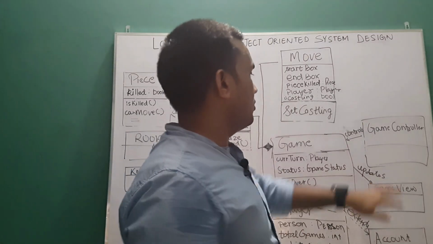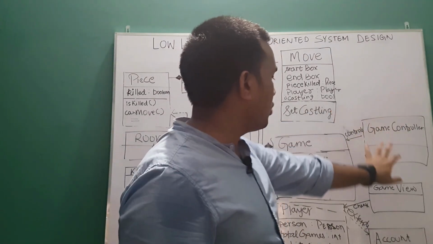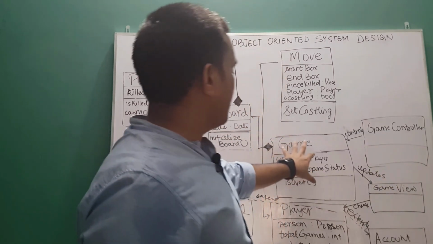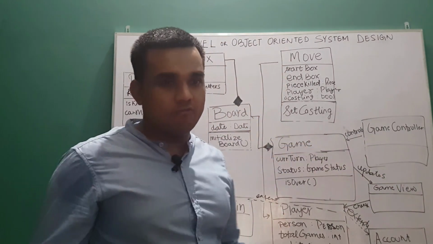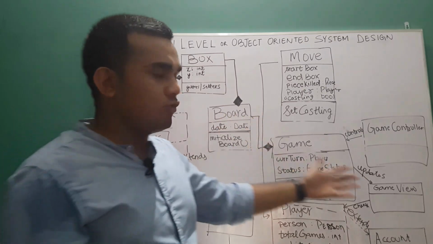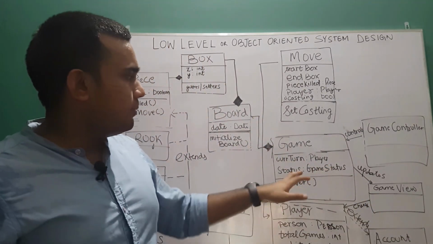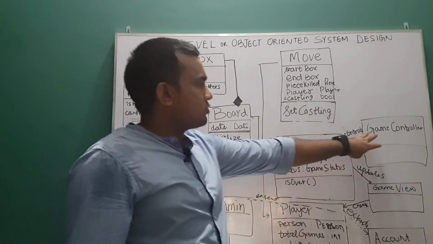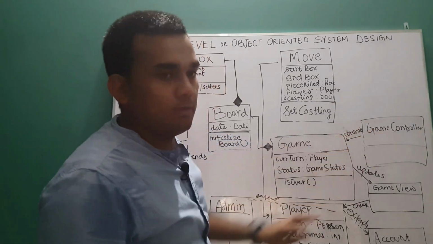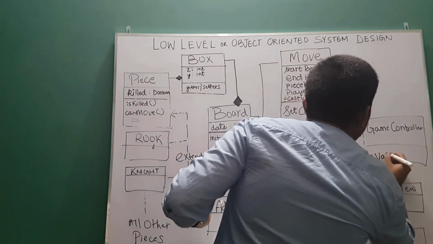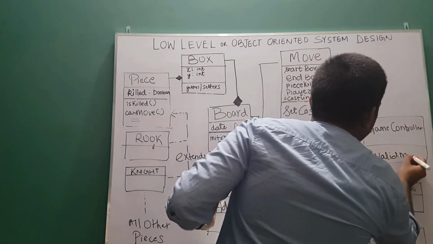Then there will be two more classes, which are game controller and game view. Basically the game will update the game view as the game moves on. Let's suppose the user made a move, then according to that the game view will be updated. There will be a class called game controller which will control the game, and it will have a method like is valid move.